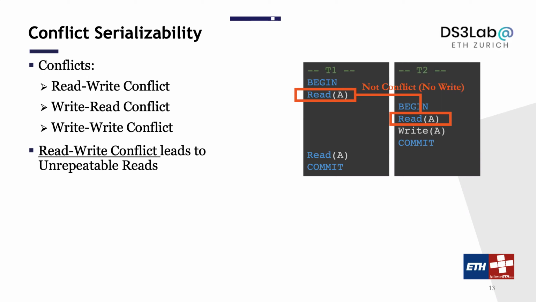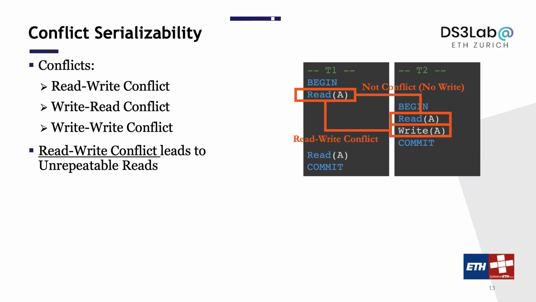So both are reads, it's fine. Now if you look at this pair, you have the read from T1 and the write from T2. This gives you a read-write conflict, okay? So for this pair of operations, the read A from T1 and write A from T2, there's a conflict between them.